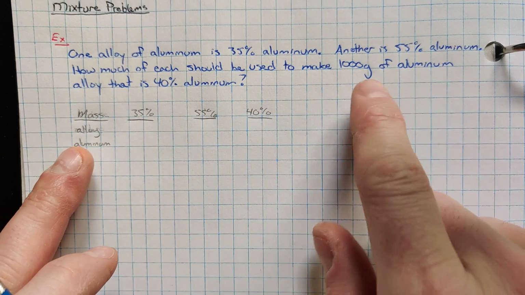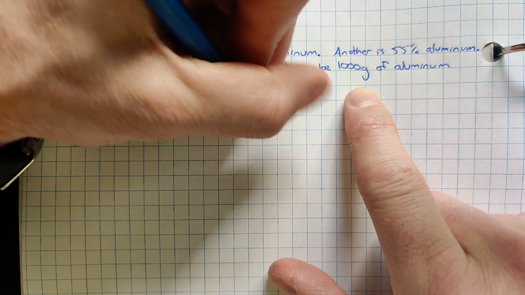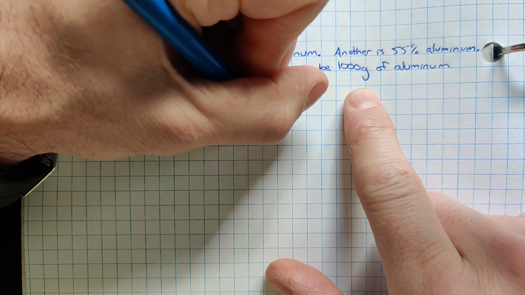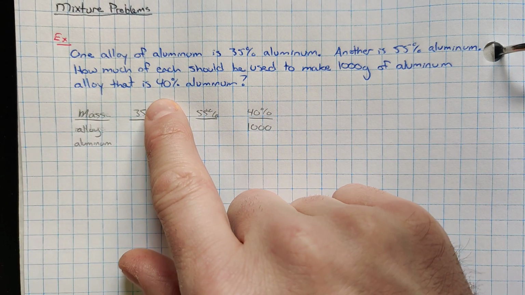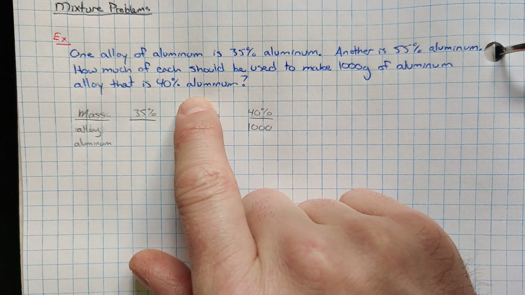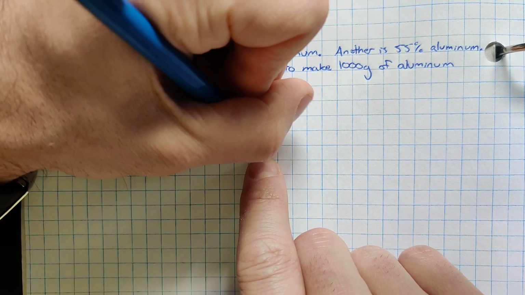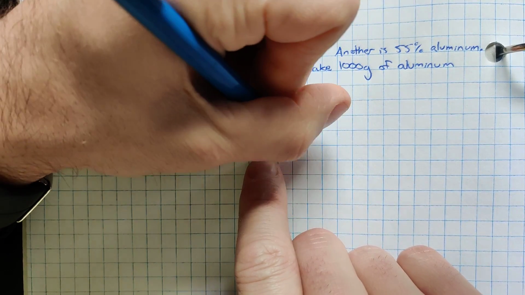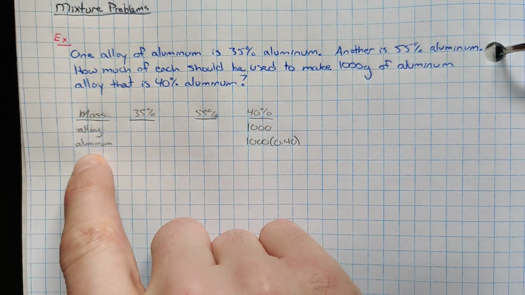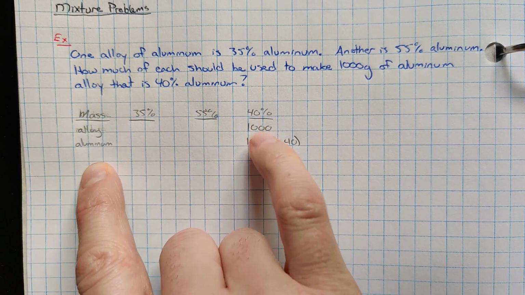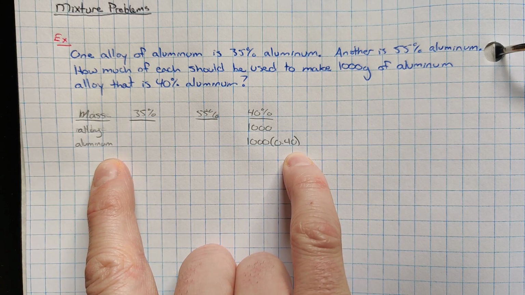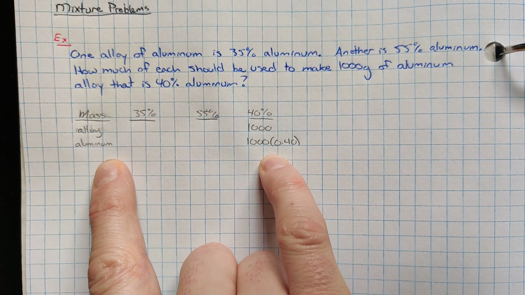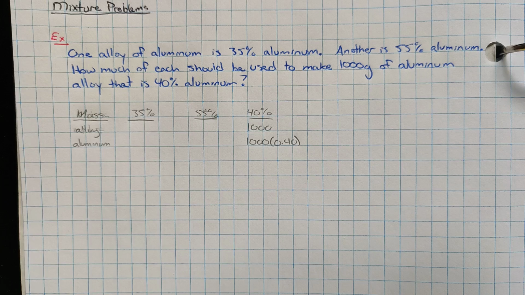The alloy mixture is going to be 1,000 grams, and it's a 40% aluminum mixture. So 40% of 1,000 will be how much aluminum mass is in there. It's going to end up being 400, but I'll write out the equation so you see where that 400 comes from.